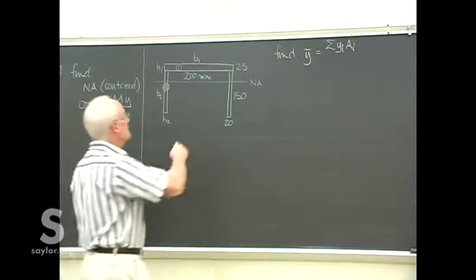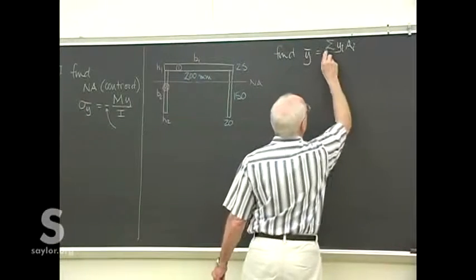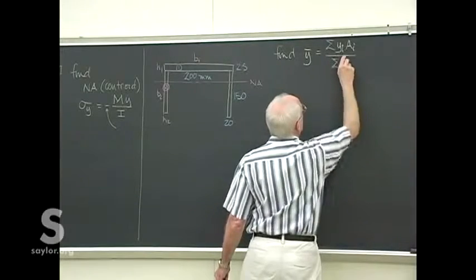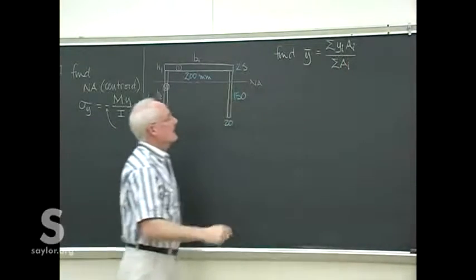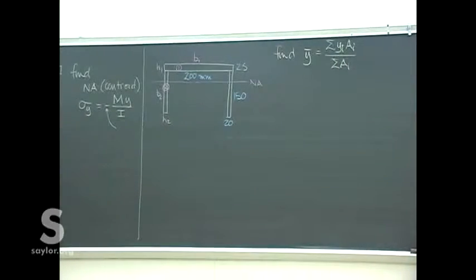I only have 2 on here. Then we sum that and divide by the total cross-sectional area, and that'll locate the y-bar for us.